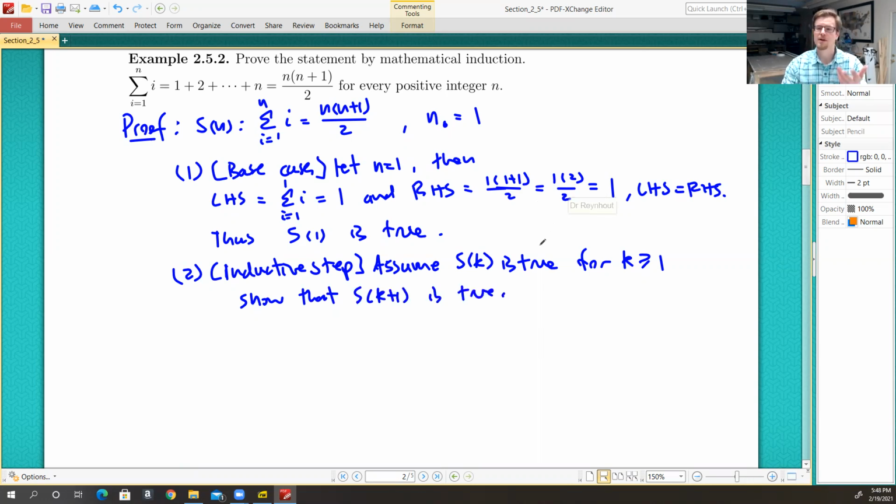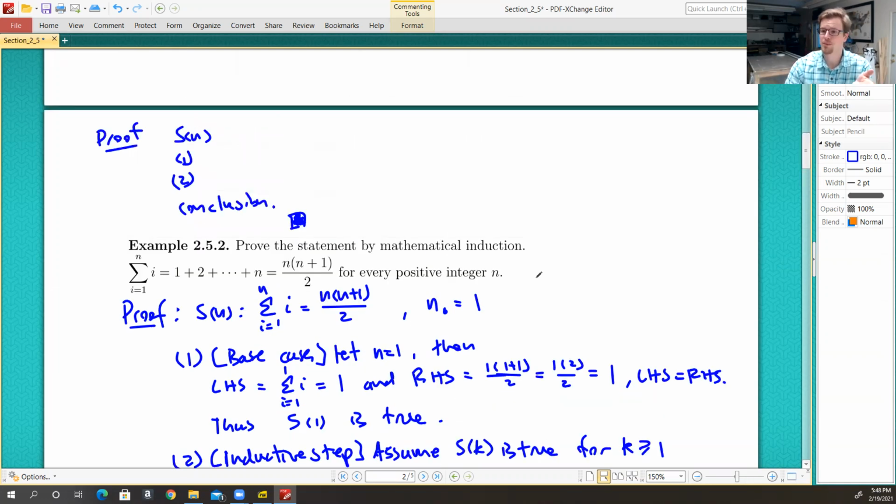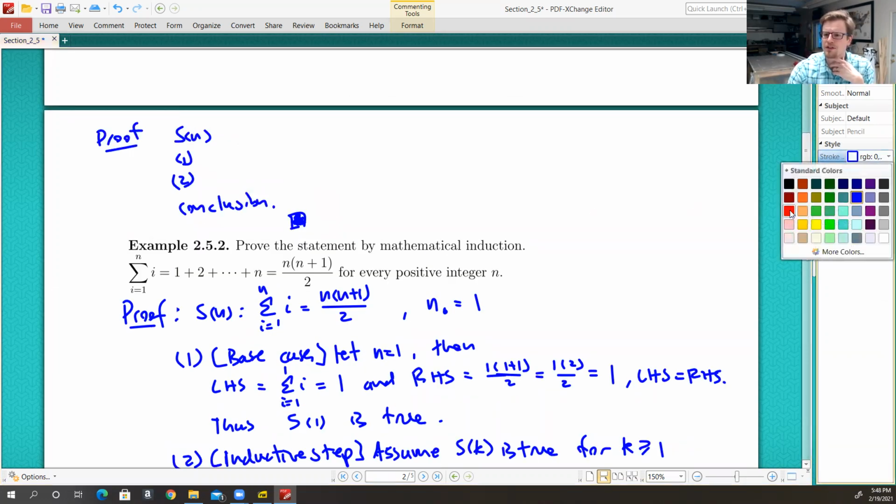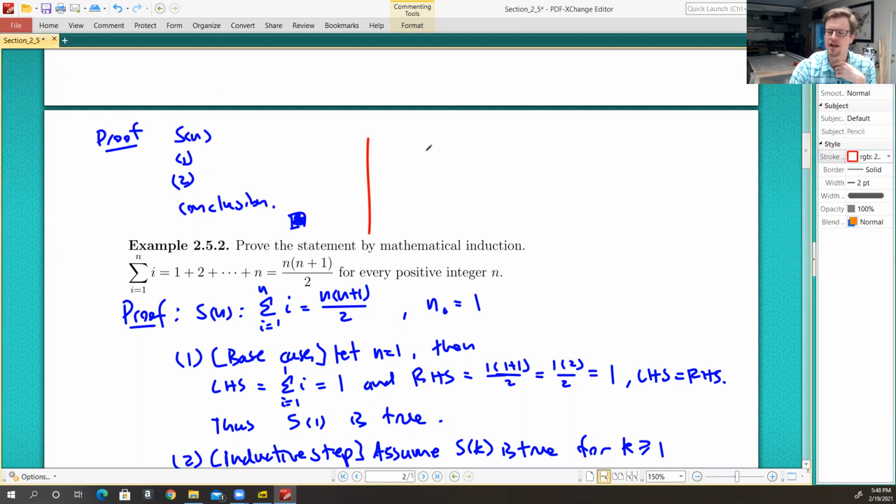Excellent. Well, if I want to show that S of k plus 1 is true, I really need to know what I'm trying to show here. So as a side note, to know what I'm trying to show, I'm plugging in k plus 1 into our summation, summing from 1 to k plus 1. According to our statement that we're trying to prove true, this should be equal to, well, I'm plugging k plus 1 in for n.